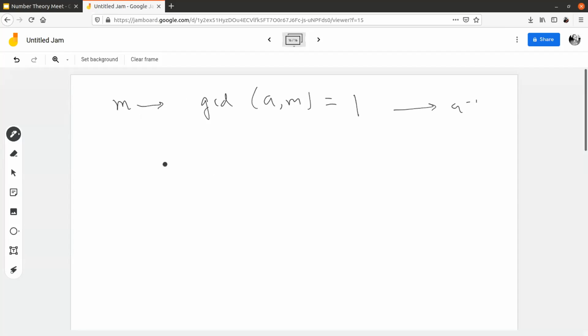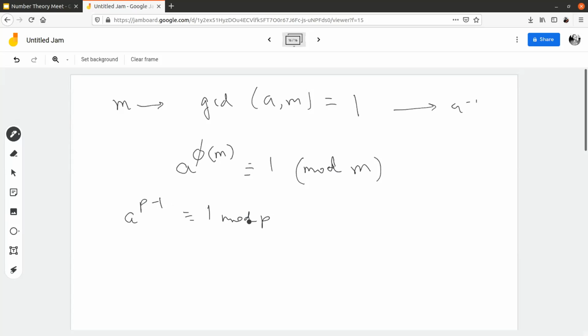What I have is that Euler generalized Fermat's theorem using this phi function: a to the power phi of m is equivalent to 1 mod m. So what did Fermat say? Fermat said that a to the power p minus 1 is equivalent to 1 mod p, right?